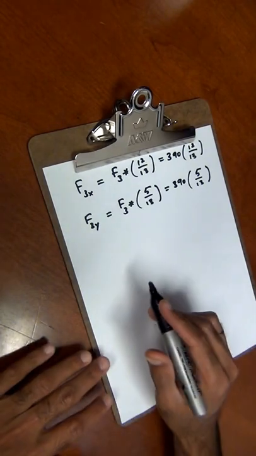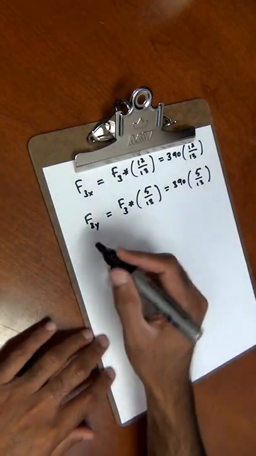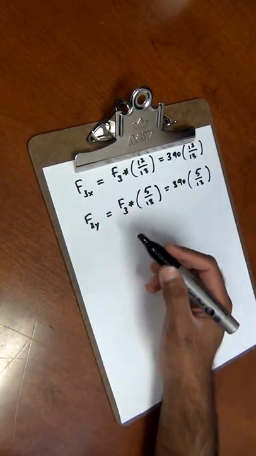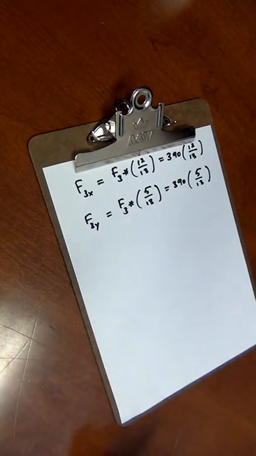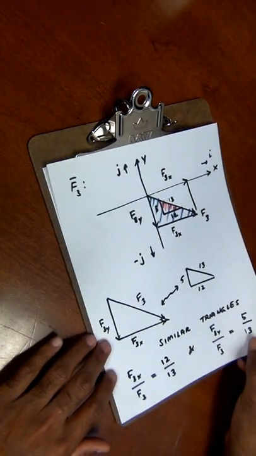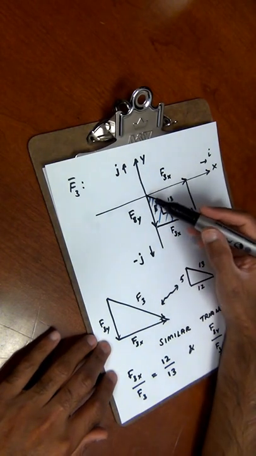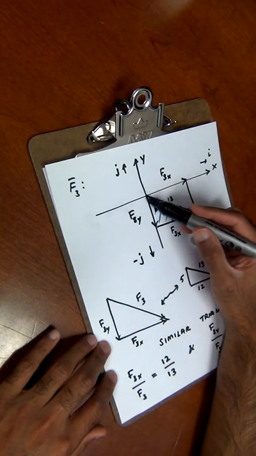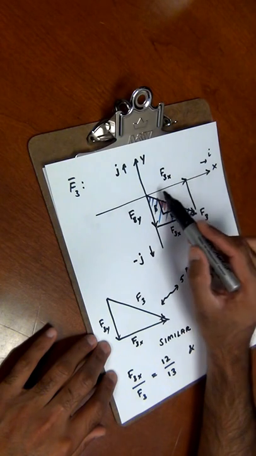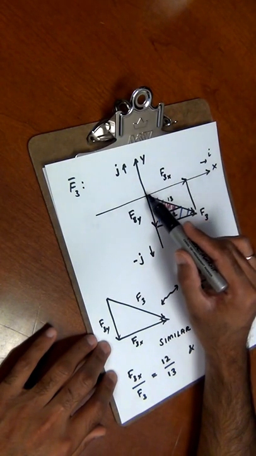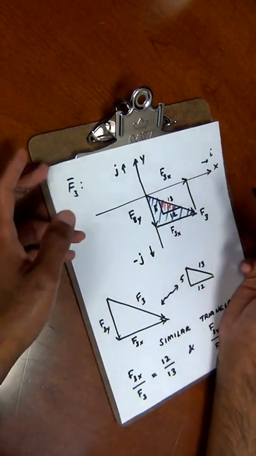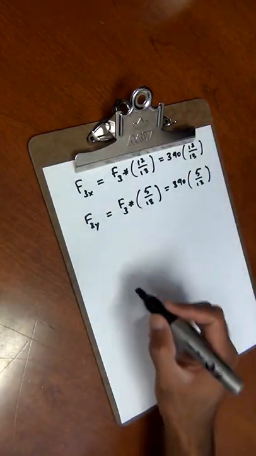And so we have these components, and now we want to write it as a Cartesian vector. And you notice if I go back to the previous page, you see that the component of F3 in the y direction is pointing in the negative y direction, component of F3 in the x direction is pointing along the positive x direction, which means that if I write them as vectors, I have the following.